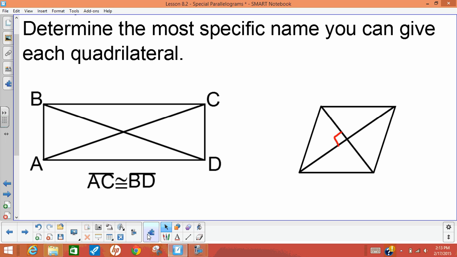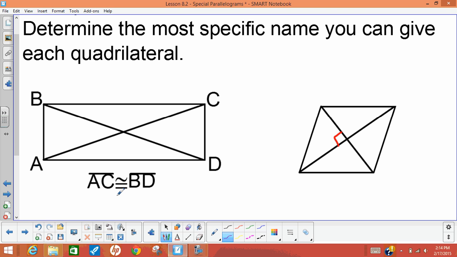So a lot of times if we know just one piece of information, we can determine what the best name for that parallelogram is. So in this first example on the left, I told you that AC, which is one diagonal, is congruent to BD, which is another diagonal. So I have to think about which of my quadrilaterals have that property that both diagonals are congruent to each other. I know it's not a rhombus. I know it's not a regular parallelogram.